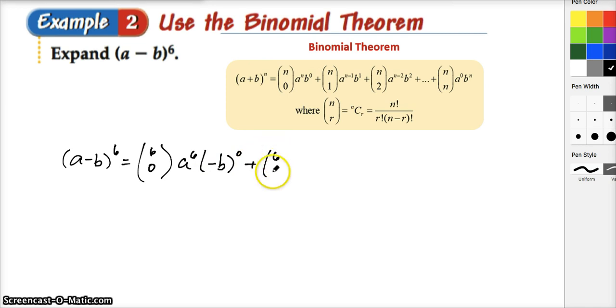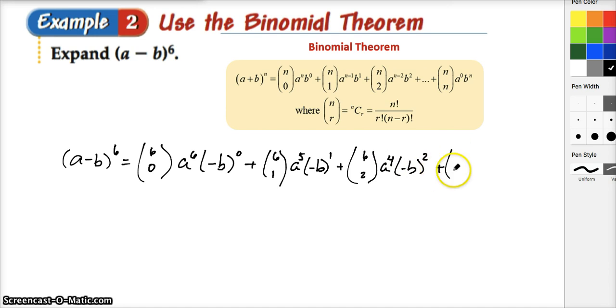Let's keep going. This part will be 6 choose 1. And then we'll have a to the 5th power, and you got it, negative b to the 1st power. And then again, we'll do 6 choose 2. And then we'll have a to the 4th power and negative b to the 2nd power. And then, you got it, 6 choose 3. A to the 3rd, negative b to the 3rd.